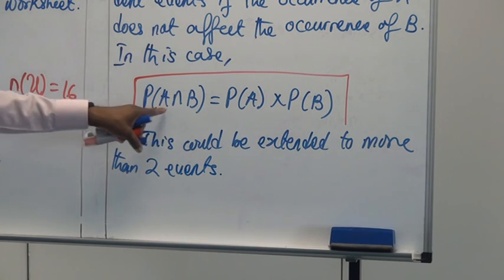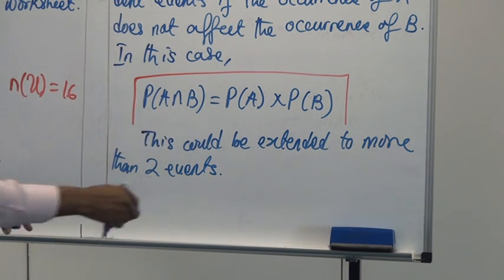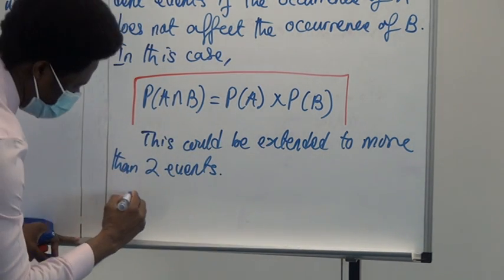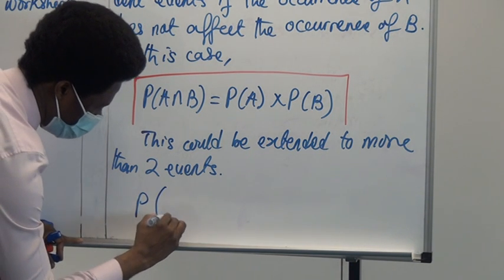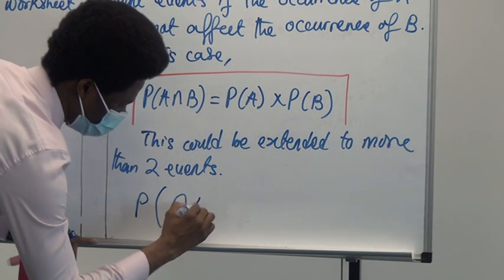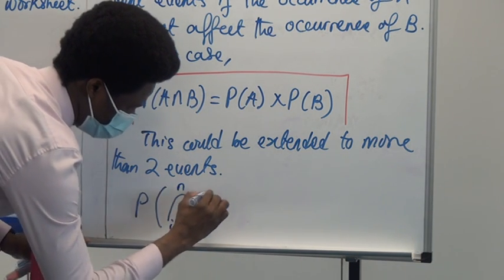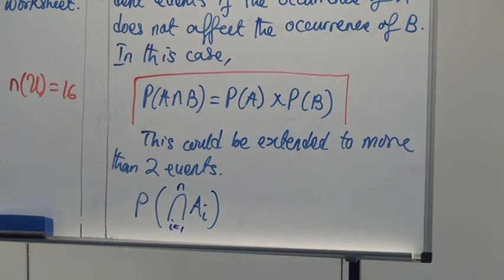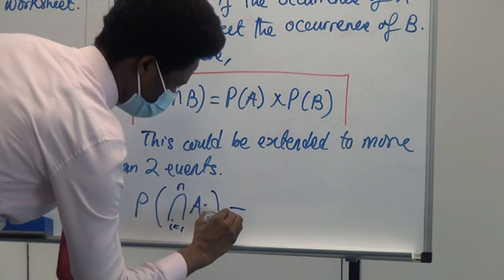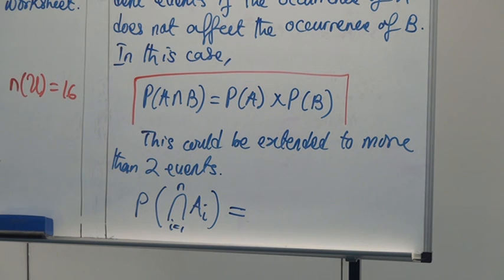Everyone look up. The probability of the intersection of some events Ai, i from 1 to n, that is A1 intersection A2 intersection A3 intersection A4 intersection A5, something like that, will be... can somebody help me write the other side? Tell me what I should write first.